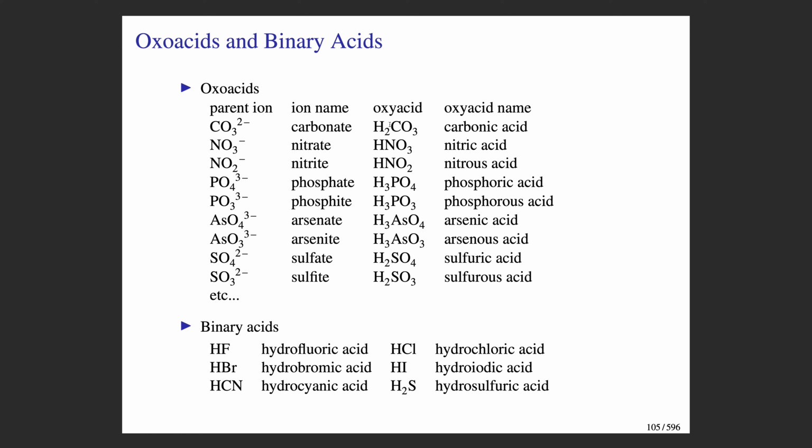Notice it's neutral now. And then the ATE becomes IC. So carbonate becomes carbonic acid. Nitrate, add a proton. Nitrate then becomes nitric acid. Nitrite, add a proton, becomes nitrous acid.